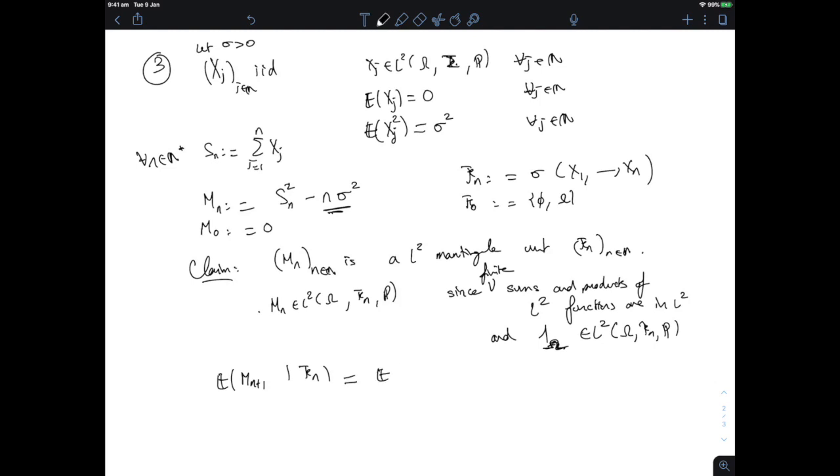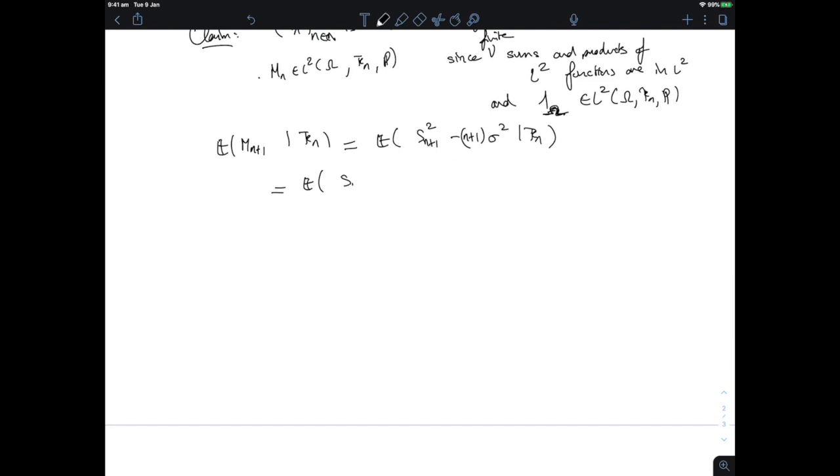Okay, so what is this? This is the expectation of Sn plus 1 squared minus n plus 1 times sigma squared, given Fn. So let's expand that a little bit. So this is the expectation of Sn plus xn plus 1 squared, minus, I'm going to keep that, and then subtract n plus 1 times sigma squared.